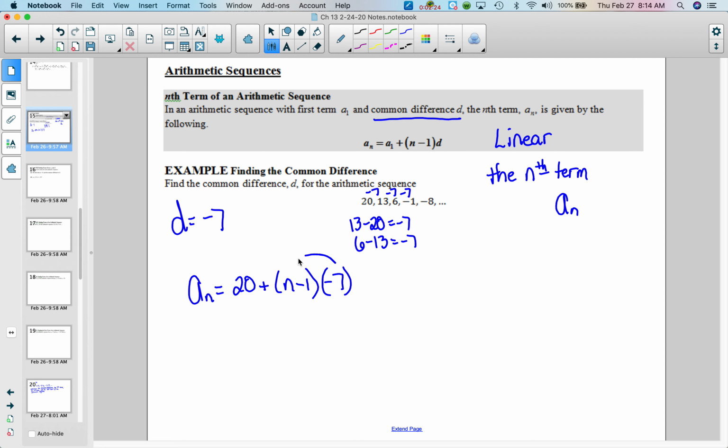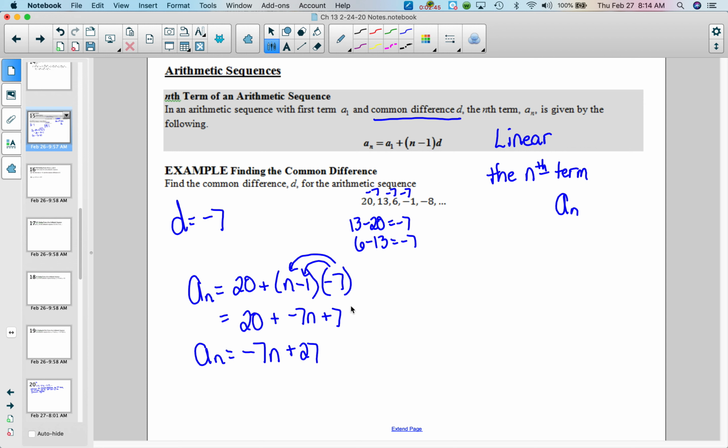So if you were to simplify this to get it into a linear format, you would distribute here. So we would have 20 plus a -7n, and then that's going to make this plus 7. So a sub n is -7n plus 27. I don't mind you leaving your answer in this other format.